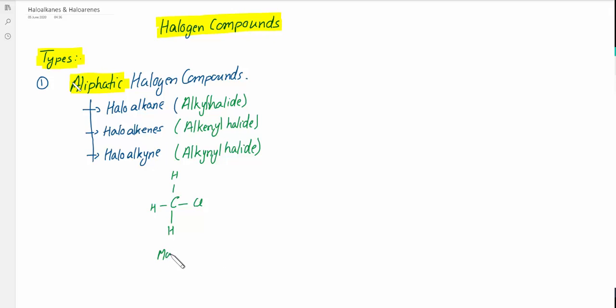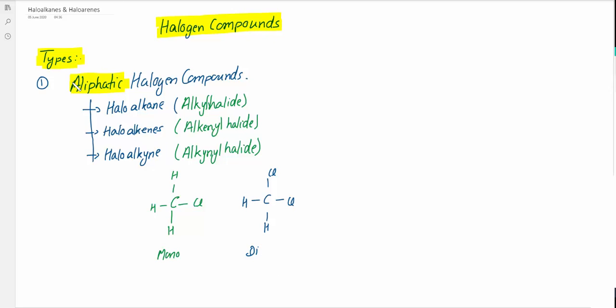This belongs to the class mono, right? And if we have something like this, where there are 2 hydrogen and 2 chlorine, so this is a dichloro or dihalogen derivative.